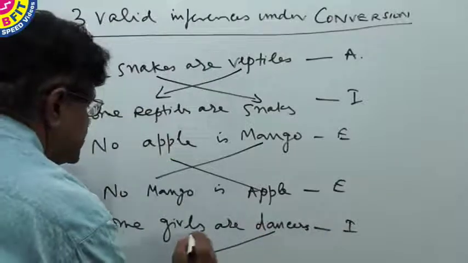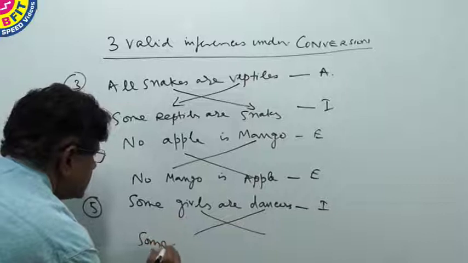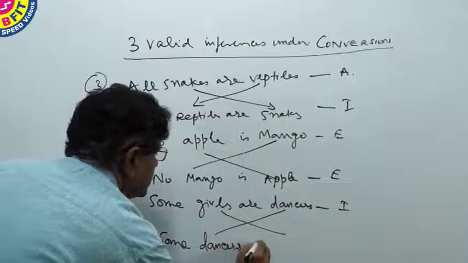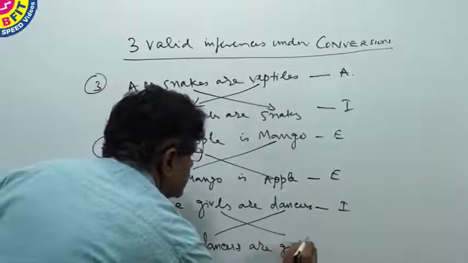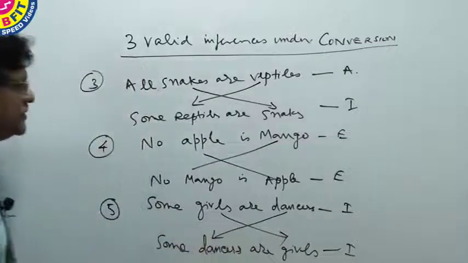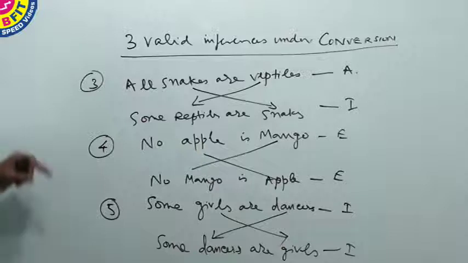Now you can interchange: some dancers are girls. This is also I-type. We have interchanged the subject and predicate. Therefore, three valid inferences under conversion are possible.